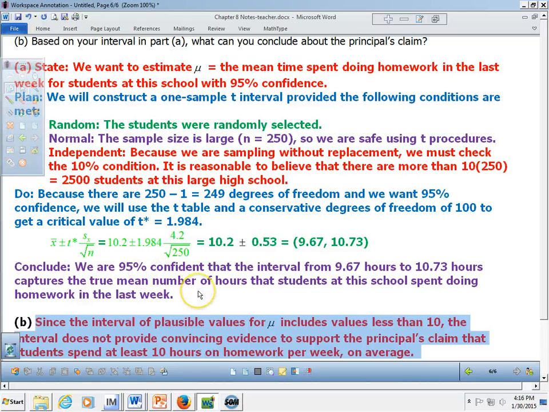Well, since the interval of plausible values includes values bigger than 10, but also includes values less than 10, it's plausible to think that students spend less than 10 hours per week doing homework, but it's also plausible that students spend more than 10 hours per week. So based on this interval, it doesn't provide convincing evidence to support the principal's claim. Of course, we're not going to be able to refute it either. And so that's how you want to use the interval to talk about the principal's claim.